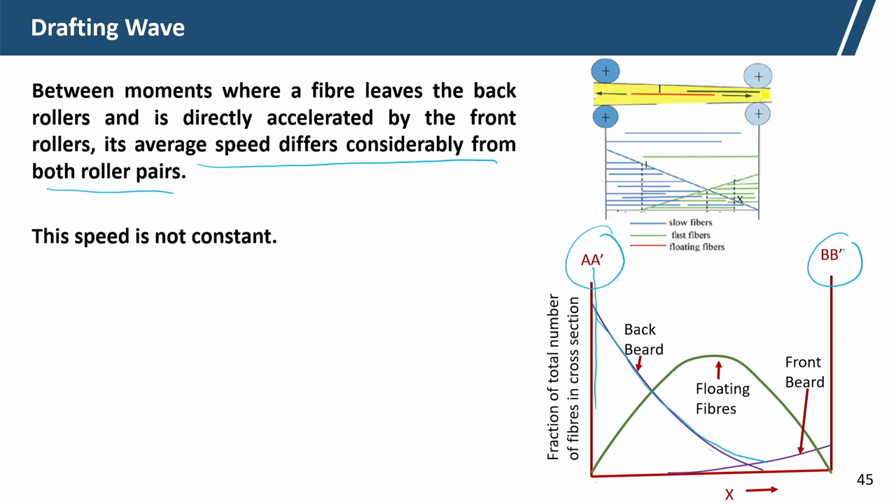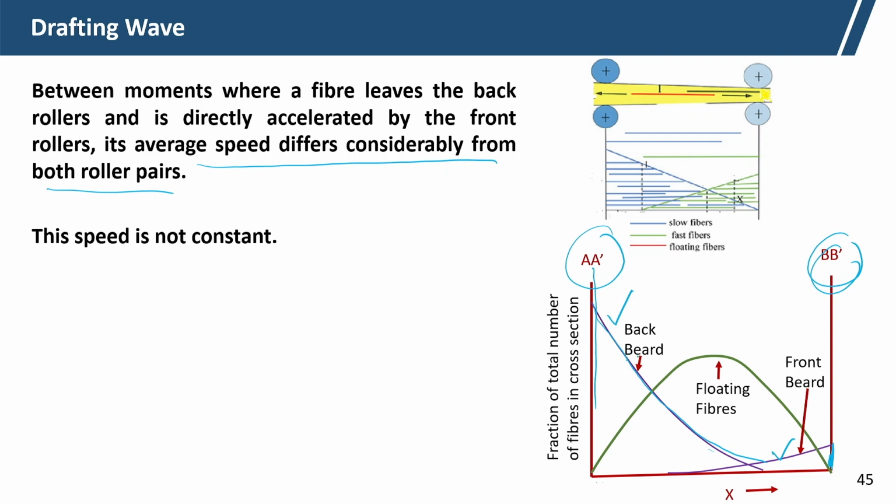Similarly, in the front beard, the number of fibers is highest at the front roller and gradually reduces towards the center. These are the fibers under control of the back roller, and here the fibers are controlled by the front roller.